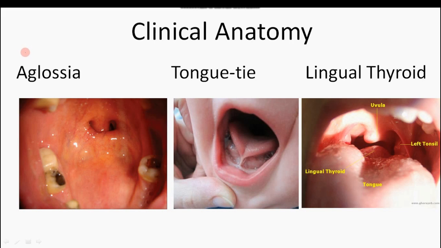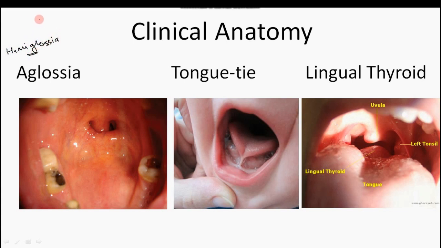A congenital condition, this is a congenital anomaly, aglossia. Another congenital anomaly is tongue tie. These are all congenital anomalies. So aglossia and the other is hemiglossia. Clear? So what happened during the course of development?